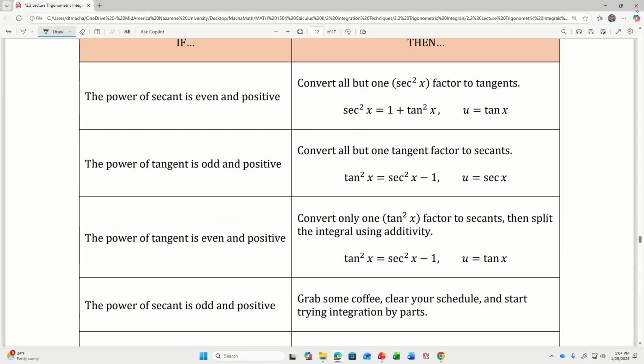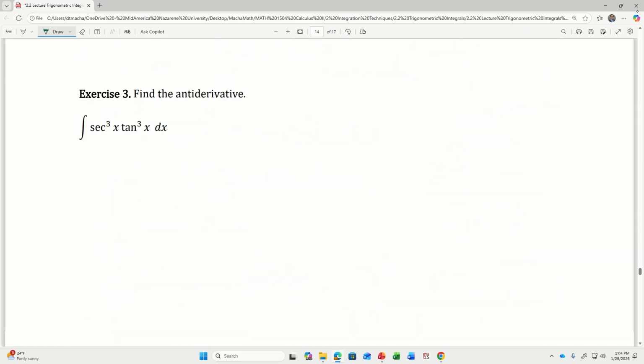Okay, next thing in this big table says, okay, what if the power of secant is not even and positive? Maybe the power of tangent is odd and positive. So let's find one where the power of tangent happens to be odd and positive.